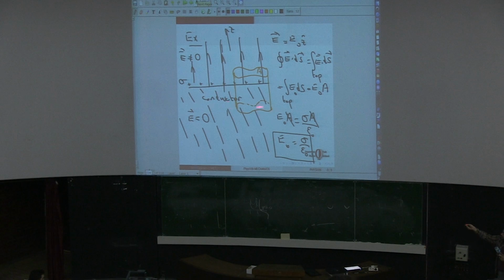Well, there's no contribution from the bottom because for every ds at the bottom, the electric field is 0 because the bottom is inside my conductor. So there's no contribution from here. I only get contribution to this sum from the ds elements on the top part.